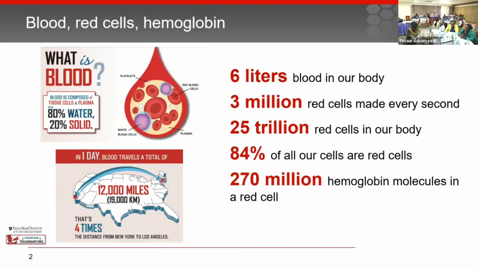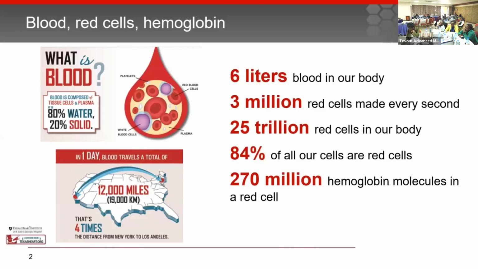That amounts to 25 trillion red blood cells in our body. Of all the cells that we have in our body, 84% are red blood cells. So this means red blood cells are very vital to our body. And in each red blood cell, we have 270 million hemoglobin molecules. Just imagine how much hemoglobin we have if in one red blood cell we have almost 270 million.